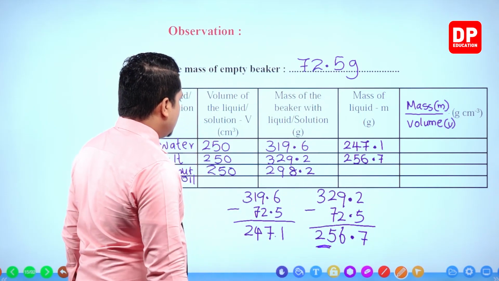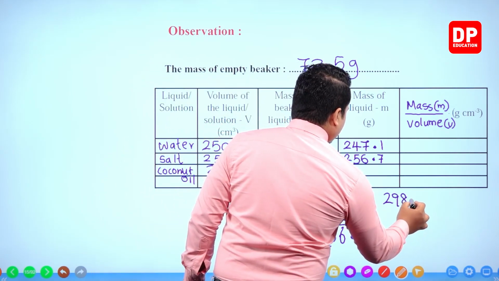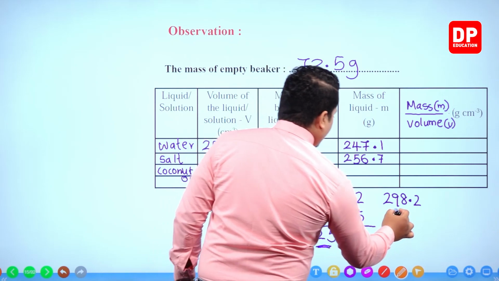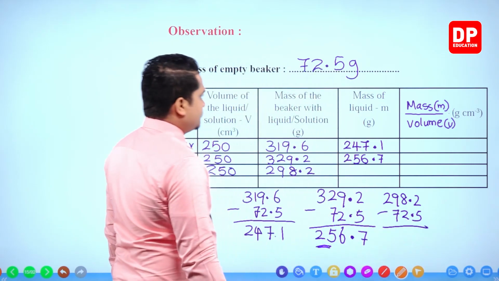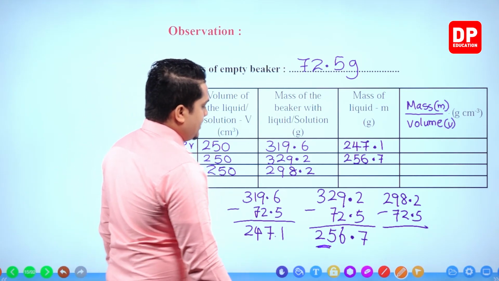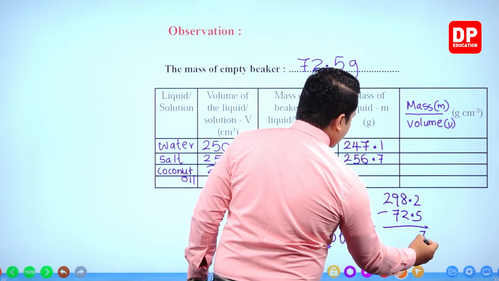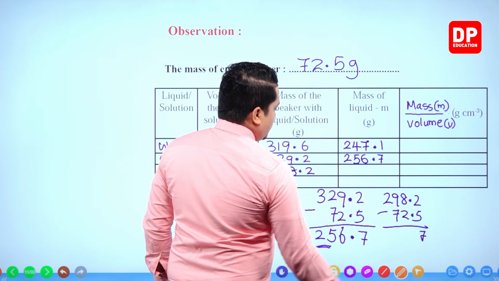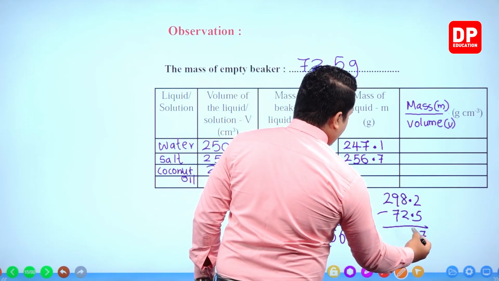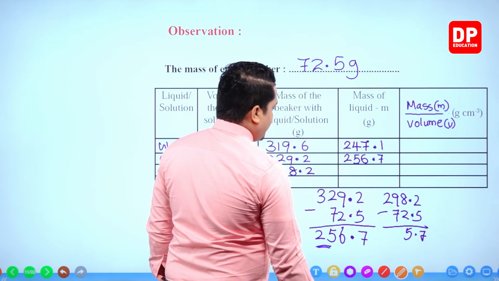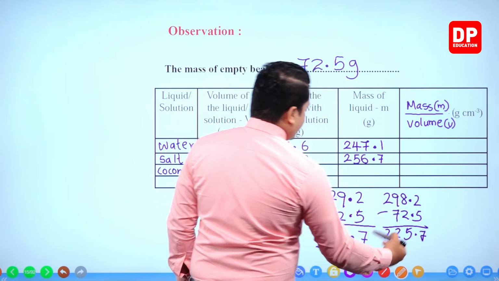Then the final one, 298.2. Subtract 72.5. We'll get the answer now. Here 12 minus 5 is equal to 7. Then 7 minus 2 is equal to 5. Then 9 minus 7 is equal to 2, then 2.